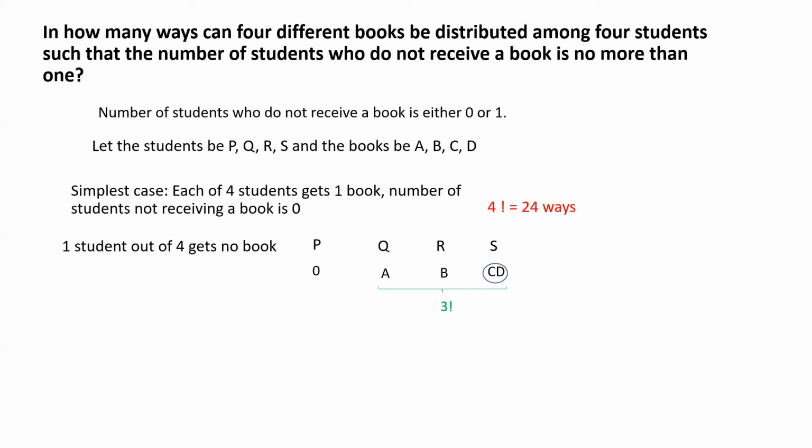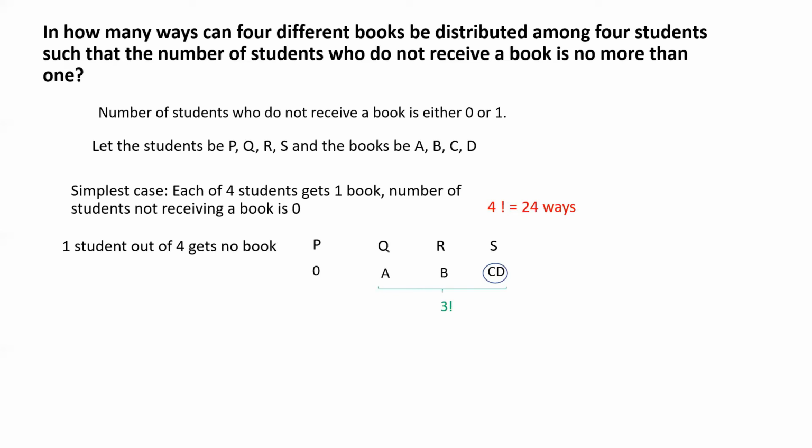Next, we have to consider the fact that CD could be any 2 books among the books A, B, C, D. We have just considered one case to better understand the problem, right? Let's put C and D together as the 2 books that one student may receive.